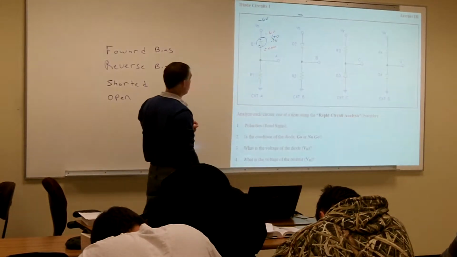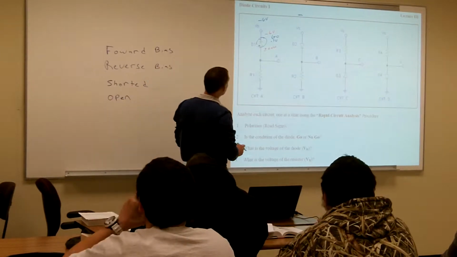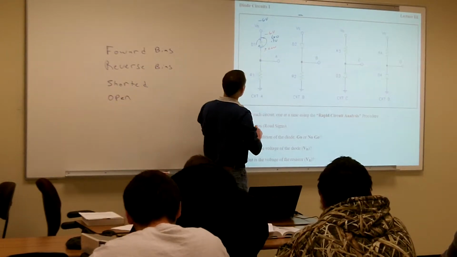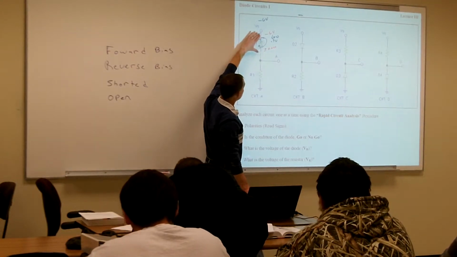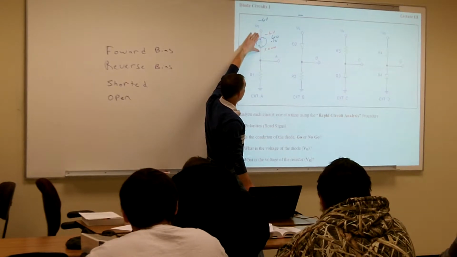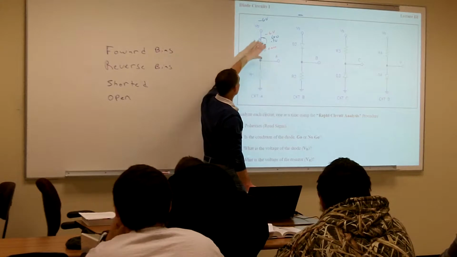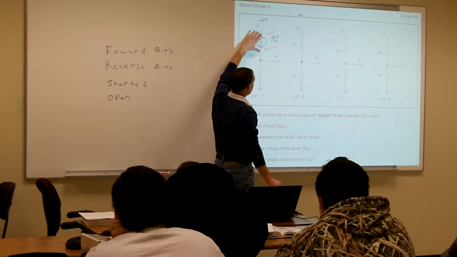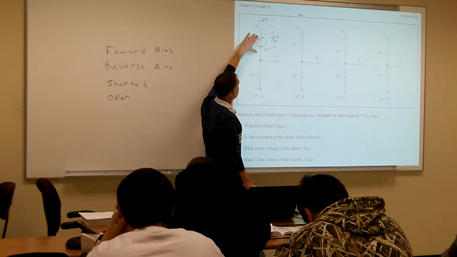In the blue, those are going to be our hard voltages now. The rule of thumb is that solid state devices always take their voltages first. Before you calculate any other voltage drop, give the diode its voltage first, whether it's reverse bias or forward bias.